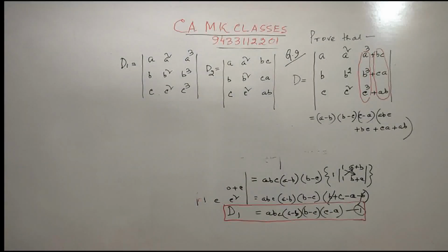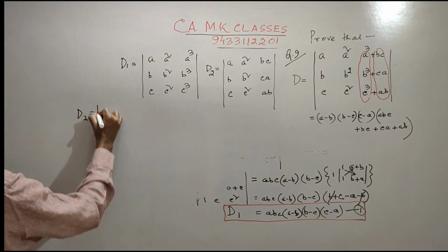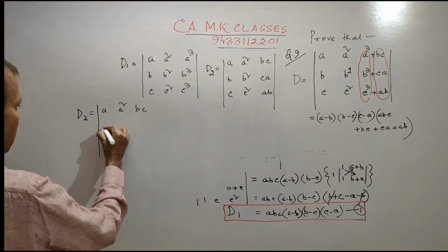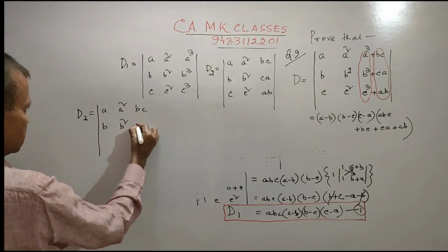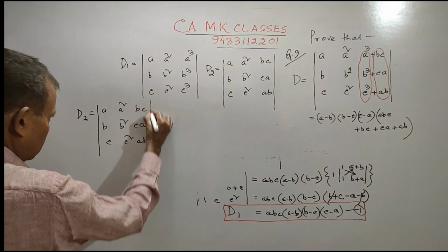Let us come to D2. D2 is equal to a square bc, b square ca, c square ab.